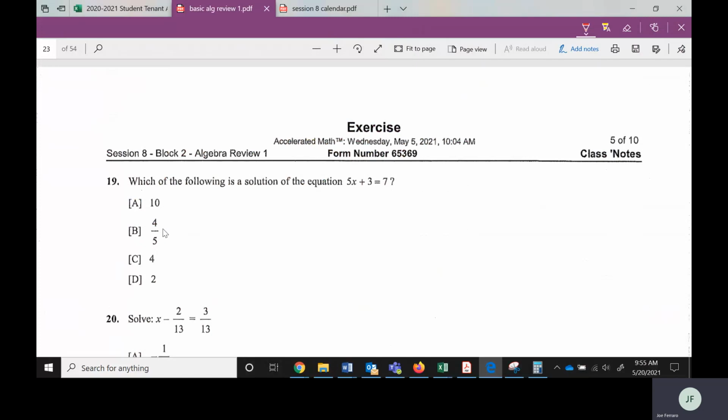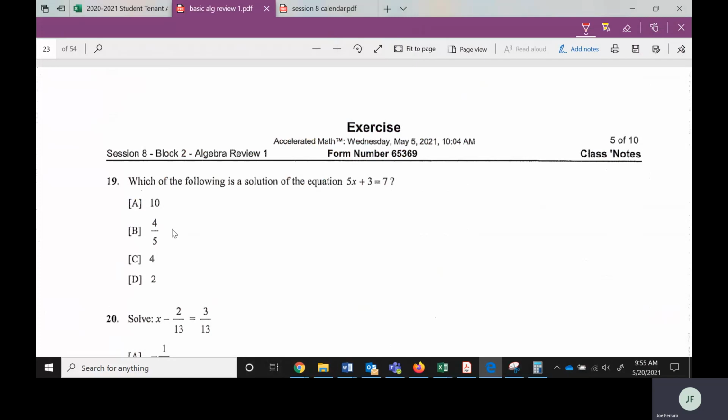Now again, there's a fraction in here, so don't let that screw with you. It could be the answer, it might not be, but this isn't super hard to do. What you're going to be doing is just throwing the number in for x and seeing which one would work.